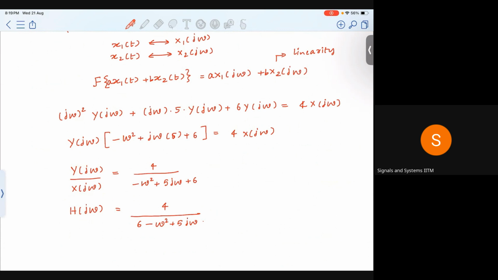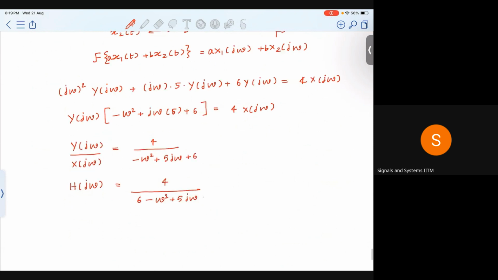Then we analyze the fraction, which is nothing but the frequency response of the given system. As we discussed in our earlier week lectures, Fourier transforms help us in solving differential equations.